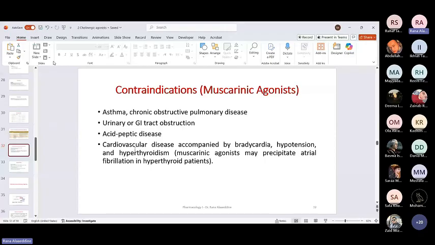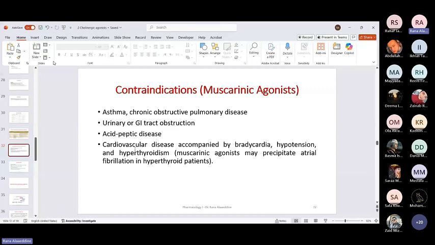If I'm using a drug, why do I use it? This is the indication. The contraindication is the opposite, when I cannot use the drug. So when can I not use muscarinic agonists? In cases of asthma or a lung disease, which is COPD.